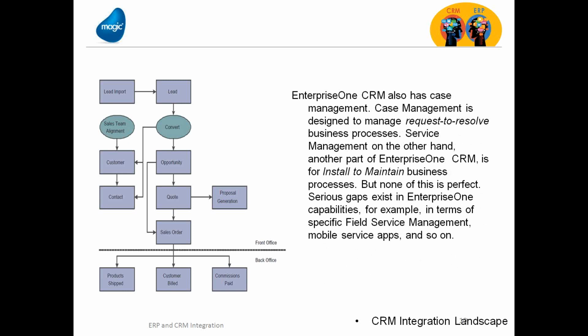Also in Enterprise One, with the case management capabilities, it has the capability of dealing with install to maintain business processes, but it's not perfect. There are some real gaps in Enterprise One capabilities. For example, if you need field service management, mobile service apps, and so on, these are not a part of the solution.